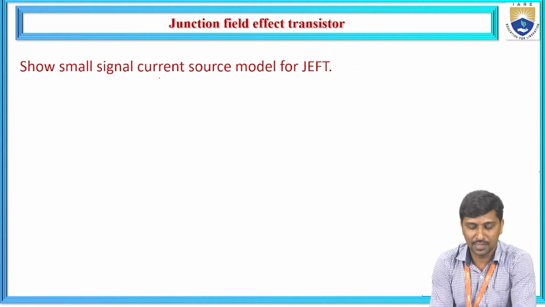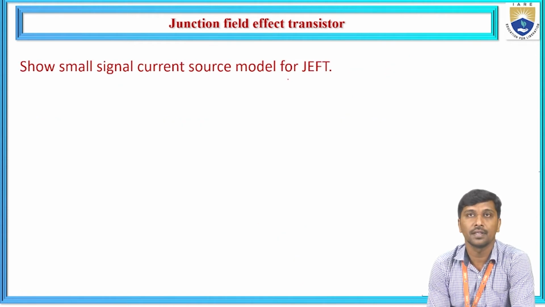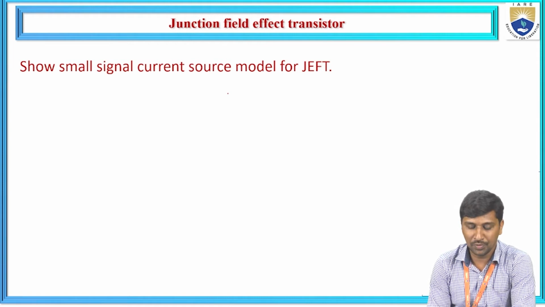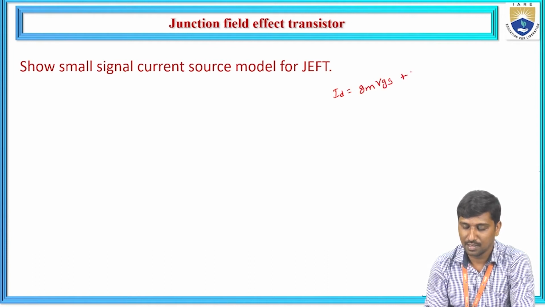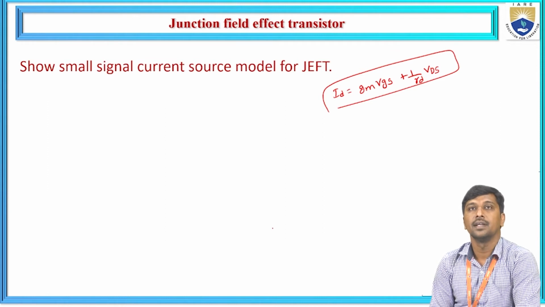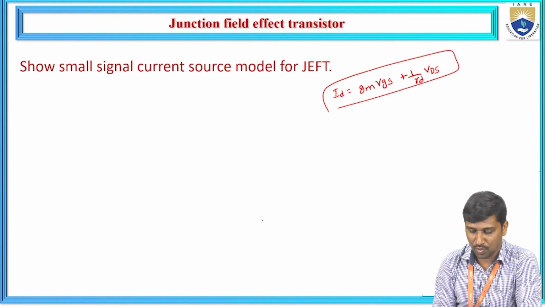Now, show the small signal current source model for JFET. If you want to design this small signal current model, first we need to identify the drain current expression. We know that ID is equal to Gm times VGS plus 1 by RD times VDS. By using this mathematical relation, we are going to draw the small signal current source model.